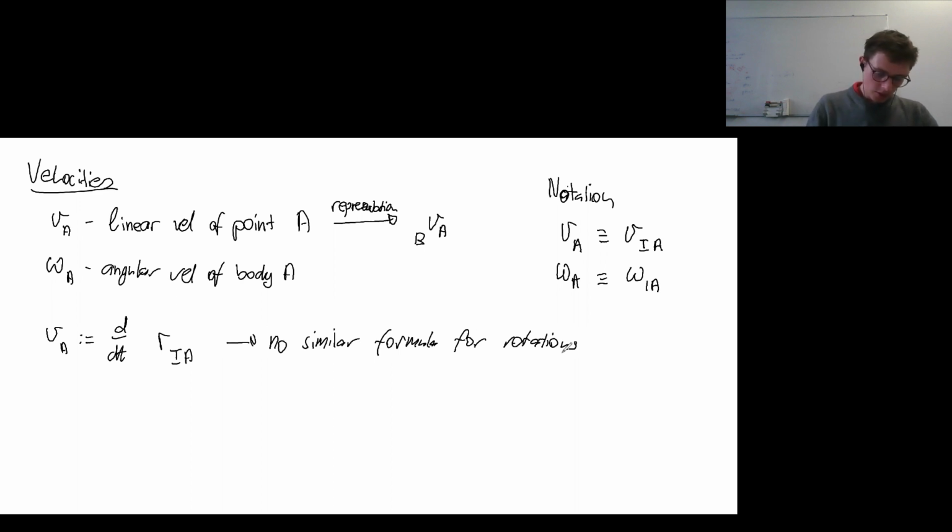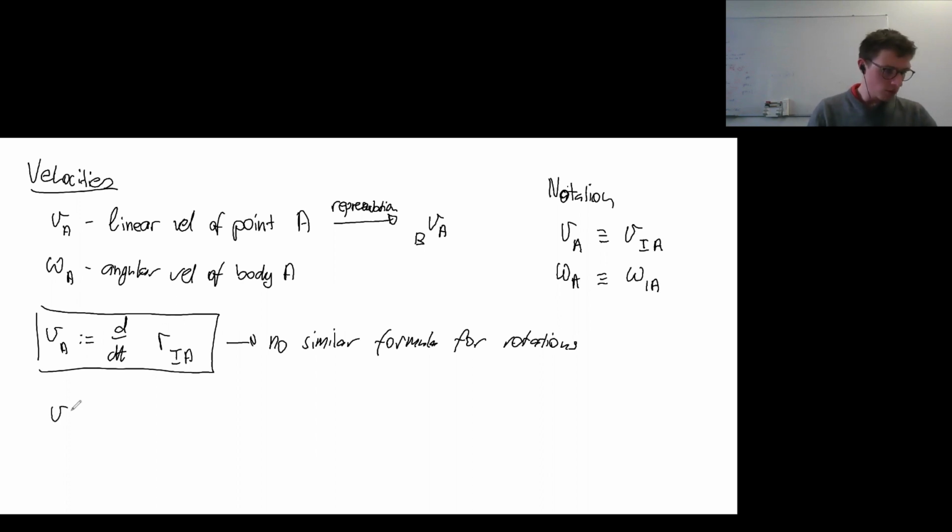Now, this formula here in the box is nice to conceptualize what a velocity means, but it doesn't really help us to code it, because here we have not yet introduced frames. And frames, remember, are what's needed to encode a vector in terms of, let's say, 3 coordinates.